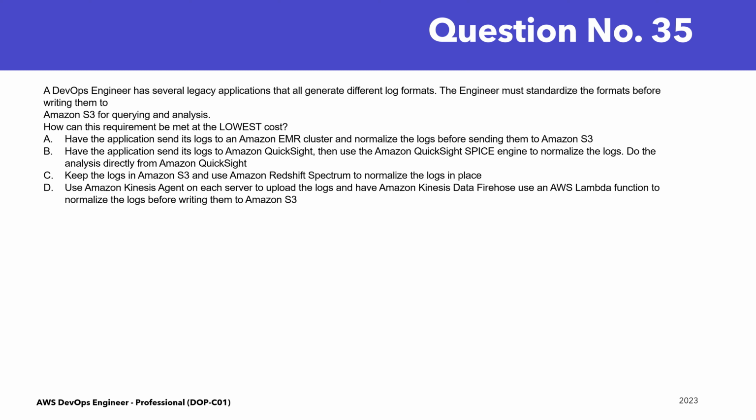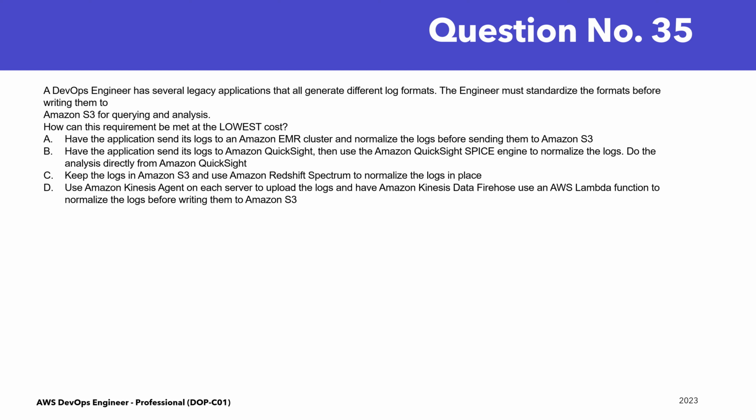A. Have the application send its logs to an Amazon EMR cluster and normalize the logs before sending them to Amazon S3. B. Have the application send its logs to Amazon QuickSight, then use the Amazon QuickSight SPICE engine to normalize the logs. Do the analysis directly from Amazon QuickSight. C. Keep the logs in Amazon S3 and use Amazon Redshift Spectrum to normalize the logs in place.